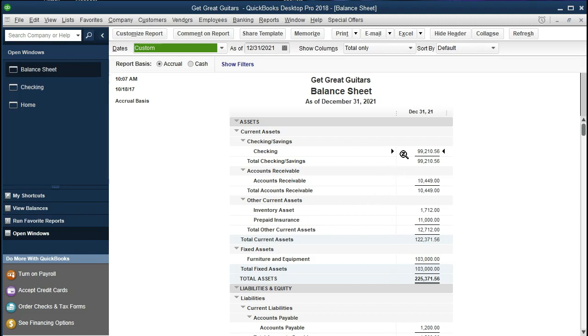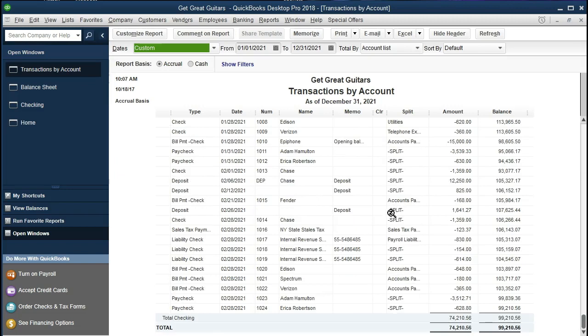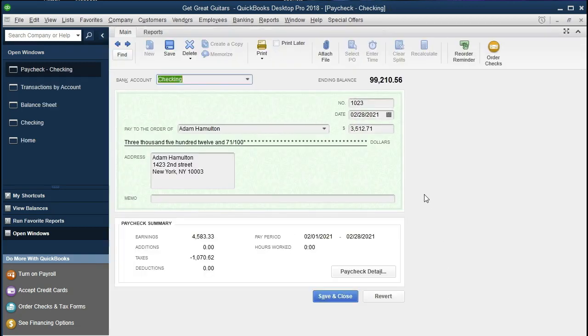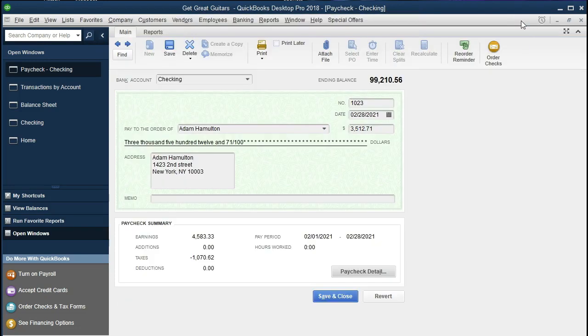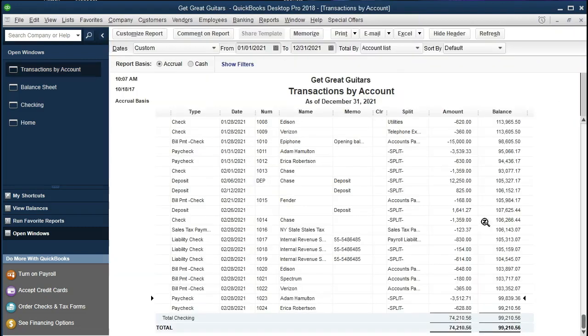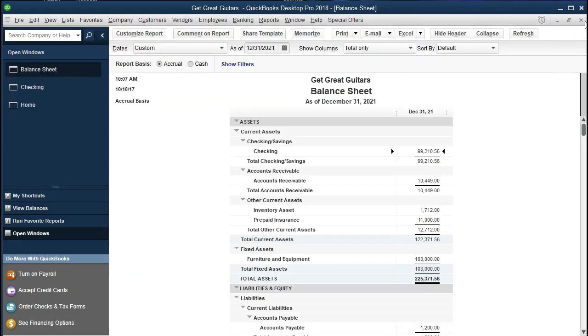Now we think the checking account went down, so we'll double check on the checking account. Scrolling down, we see our two paychecks here. If we double click on either of those, there's our information. If we want to see more detail, paycheck detail, we can see the information there. If we close out of this, close out of that, and close out of this, we are back to our balance sheet.